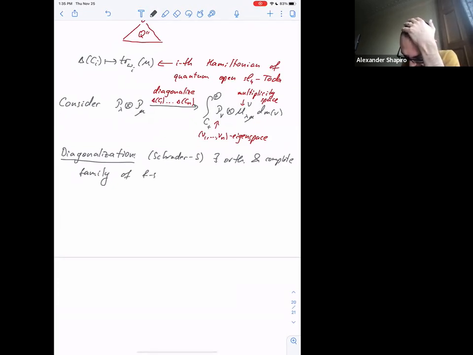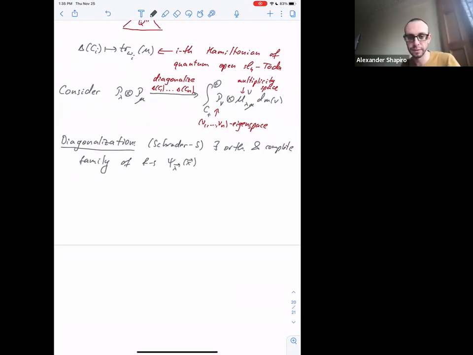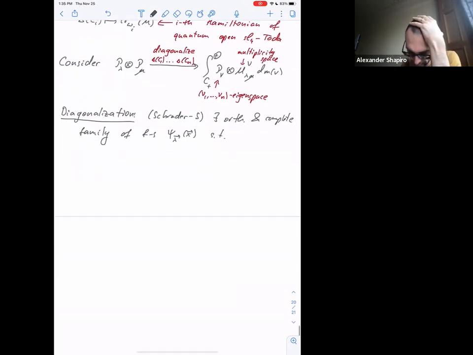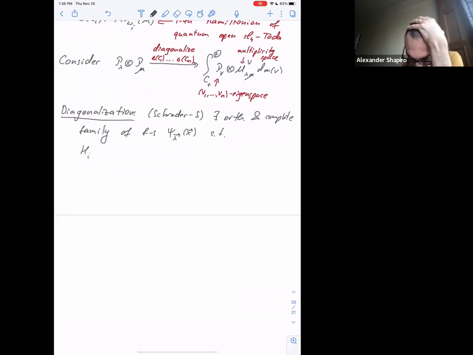functions psi lambda of x, and now they depend on the vector lambda and vector x, right? Such that when you apply Hi to this psi lambda of x, remember Hi is a q-difference operator in x, in e to the x and e to the d over dx, right?